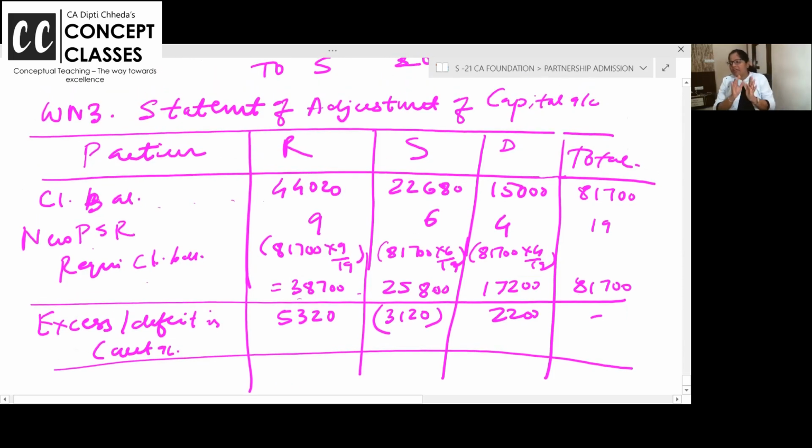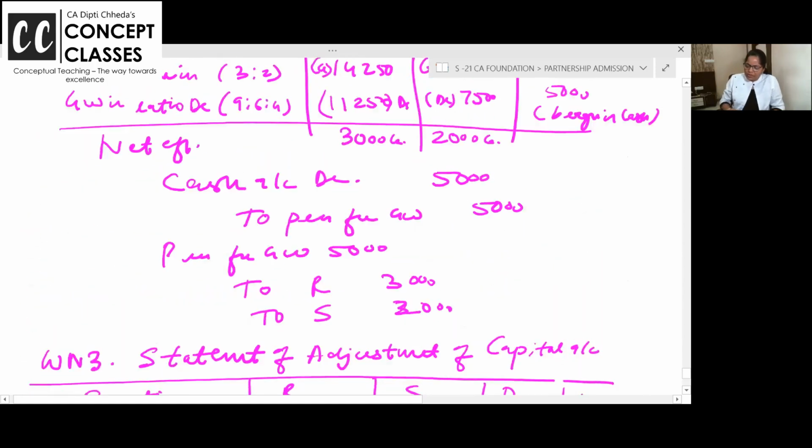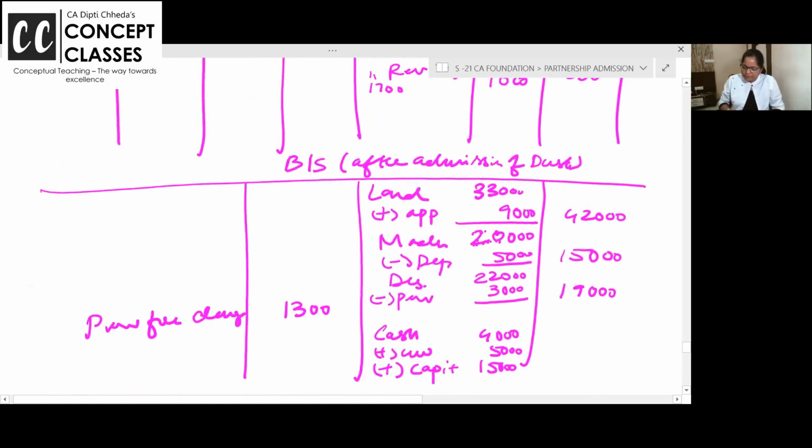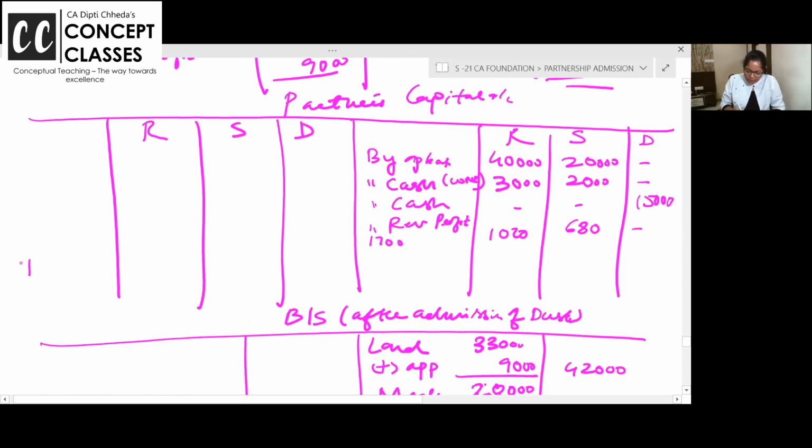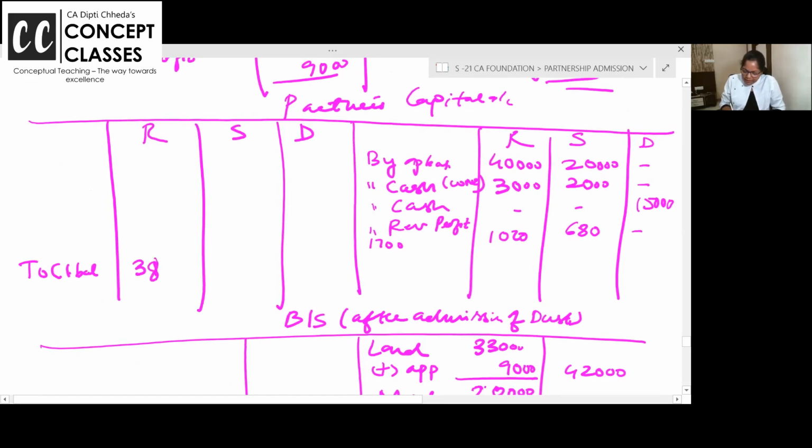किसी को doubt है? Working note 3 is over. I want closing balances 38,700, 25,800, 17,200. So let us write it here. To closing balance 38,700, 25,800, 17,200.